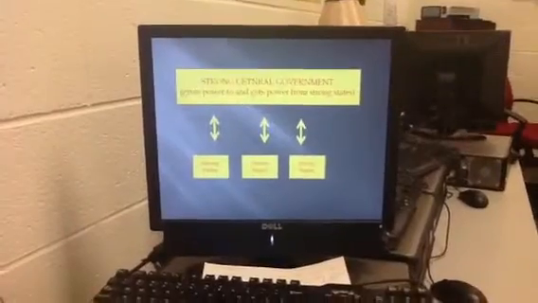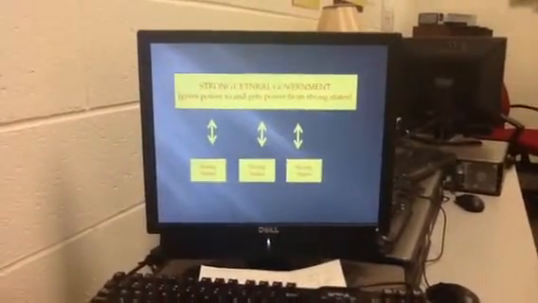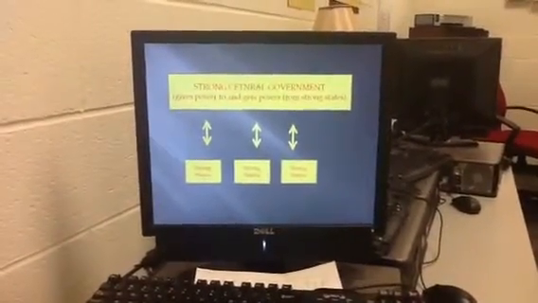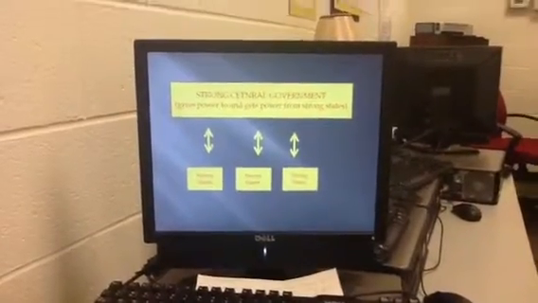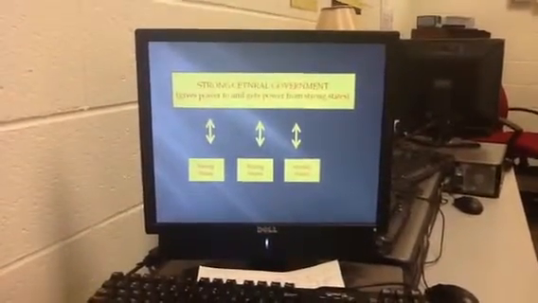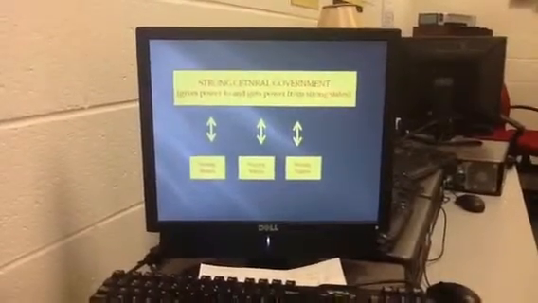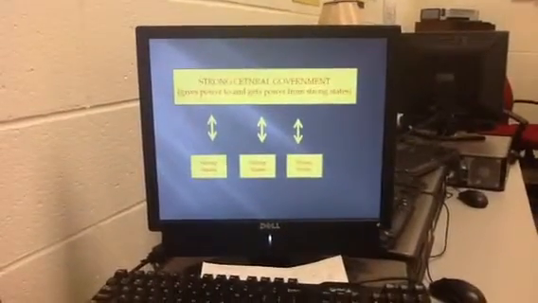Some of the powers that the states give to the strong central government is the power to declare war. Okay, our president can declare war without having to get a vote from every state in the United States. Our president is also given the power to veto bills. Okay, there are certain strong powers that the strong central government are given from the states.